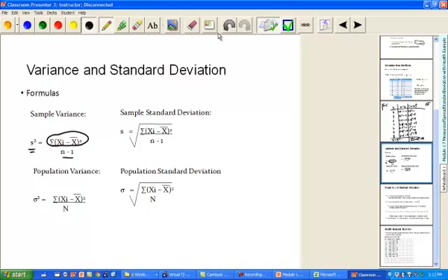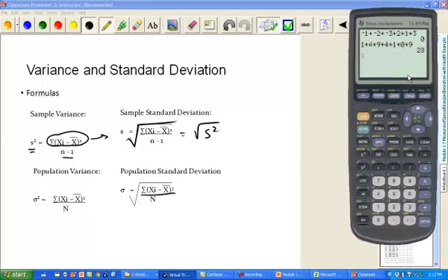You would think that you'd divide it by n, but it turns out we do n minus 1, and there's a long, complicated explanation for that. And then the standard deviation is just the square root of the number that we just got, in other words, the square root of s squared, as I mentioned earlier. So once again, we take that sum, divide by n minus 1, and then take the square root.